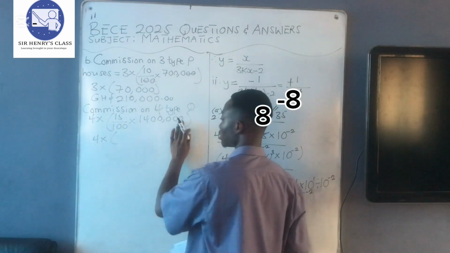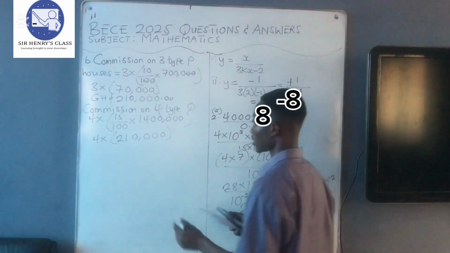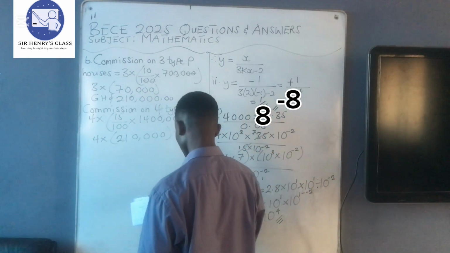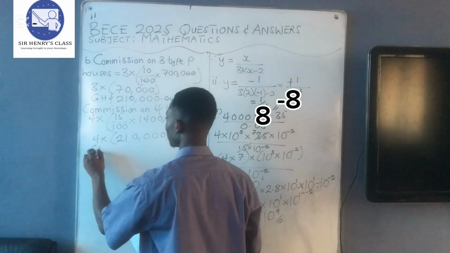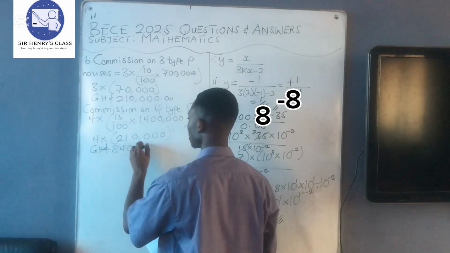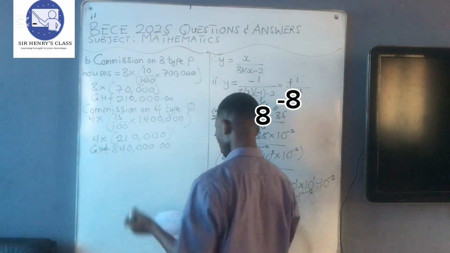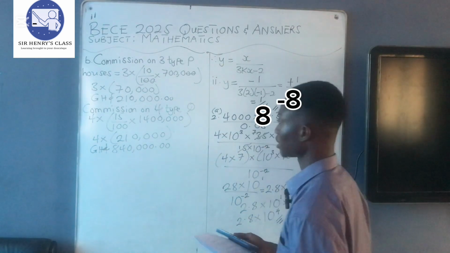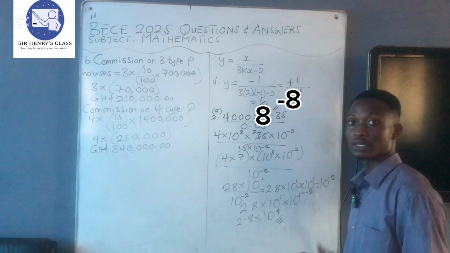Simplifying this is going to give 210,000. When you multiply this by 4, we have 840,000 Ghana cedis.